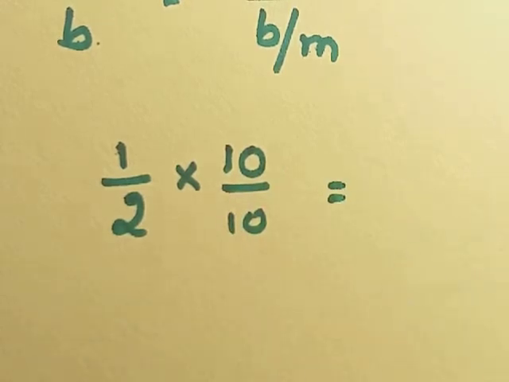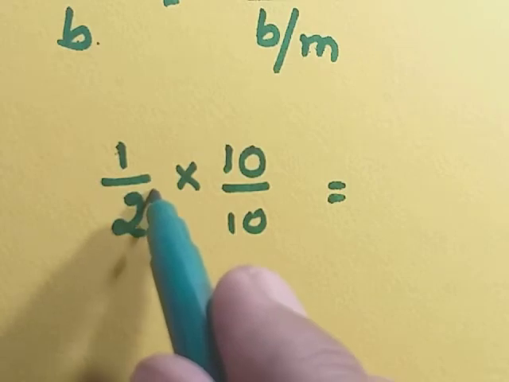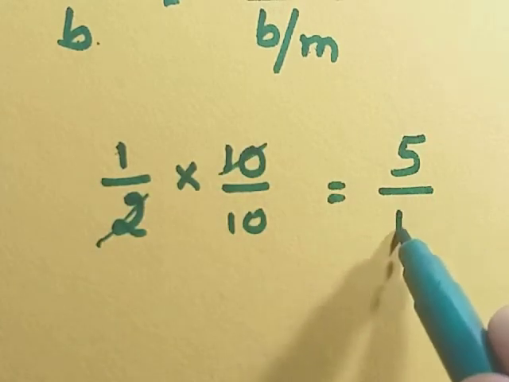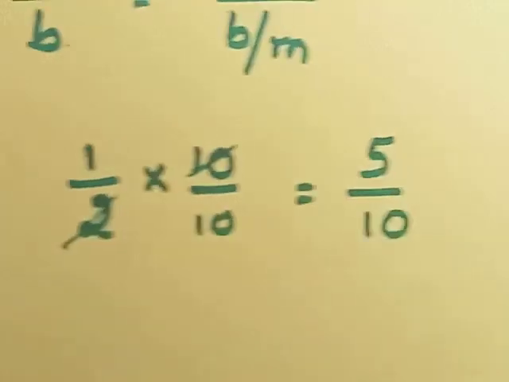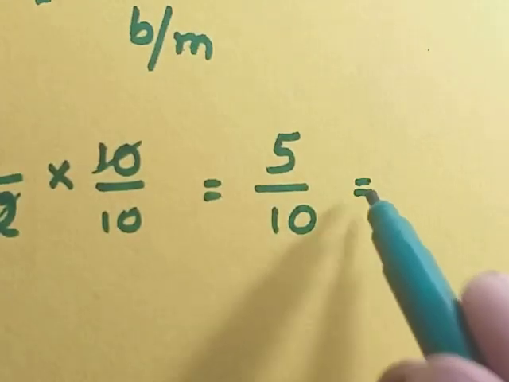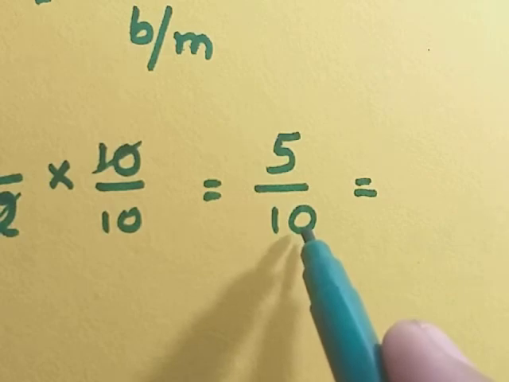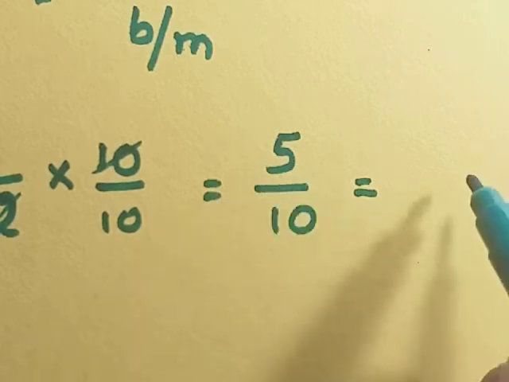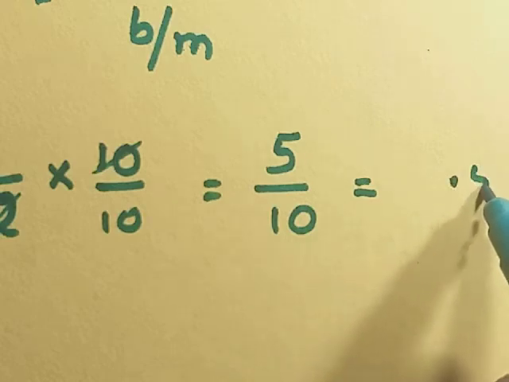That is equal to 5 by 10, since 2 1s are 2, 2 5s are 10. 5 divided by 10 is nothing but, 1 0 is there, therefore the point will come after one number, that is 0.5.